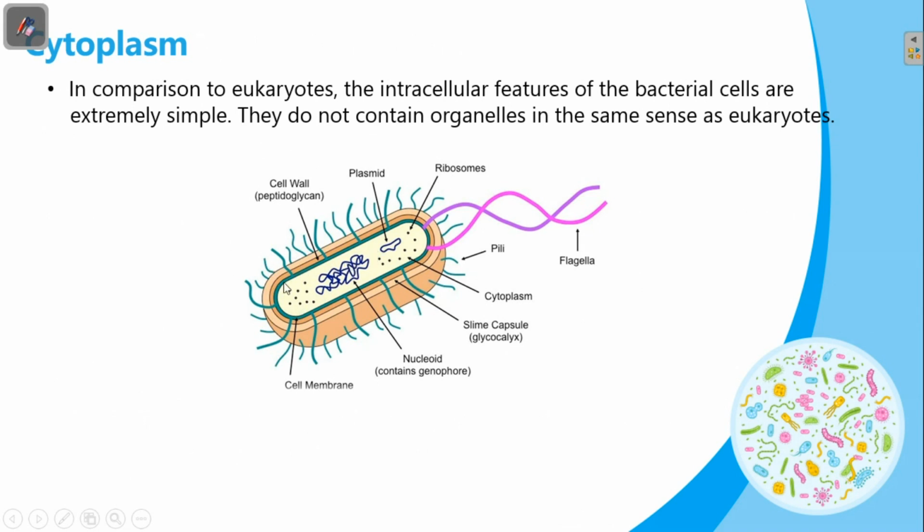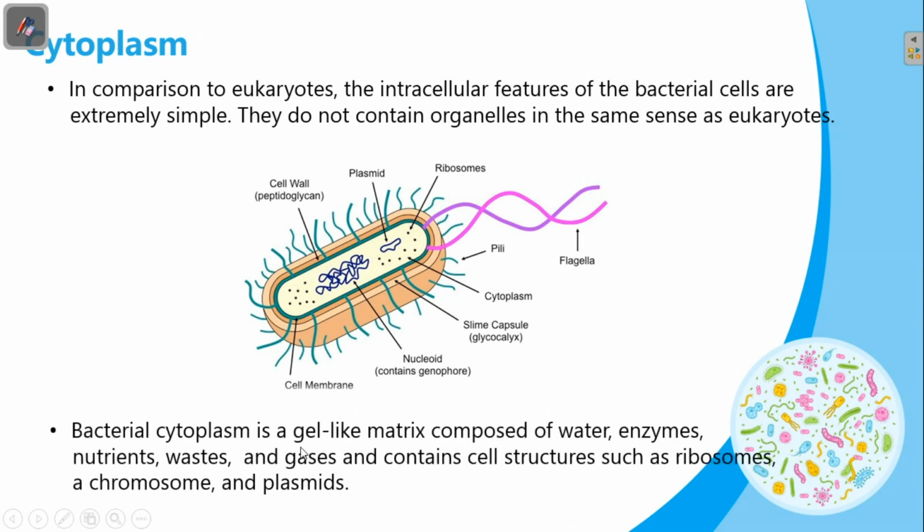So that's why prokaryotic cytoplasm is said to be very simple. The nature of the cytoplasm is a gel-like matrix. It is composed mostly of water, and also enzymes, nutrients, waste and gases are present. We have already discussed that cell structures like ribosomes, chromosome and plasmids, the genetic material, are present.